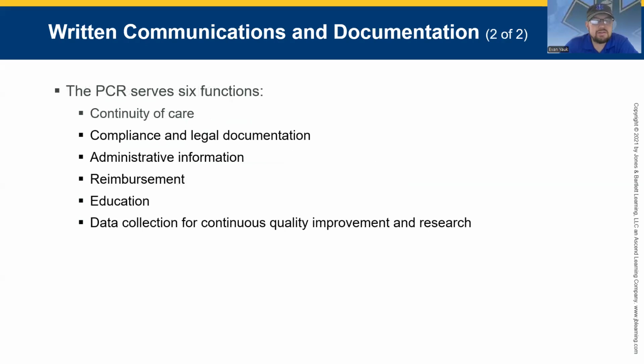The PCR serves six functions: community of care, compliance and legal documentation, administrative information, reimbursement, education, data collection, and continuous quality improvement and research. I know that sounds like a whole lot. It's really not.